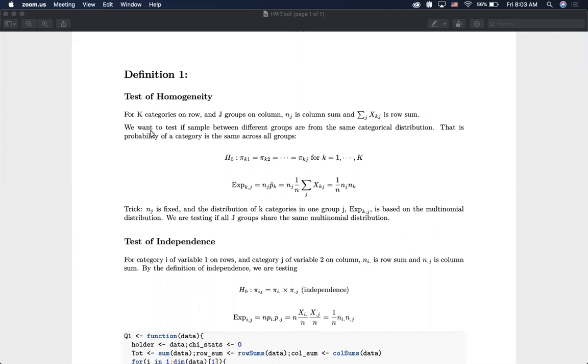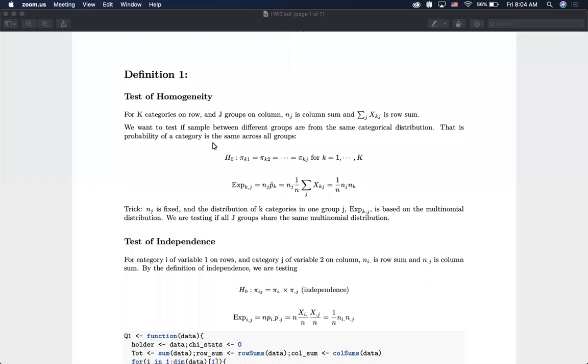We want to test if the samples between different groups, that is across different columns, are from the same categorical distribution. If we have 4 categories, then each categorical distribution would generate 4 numbers, across each column.